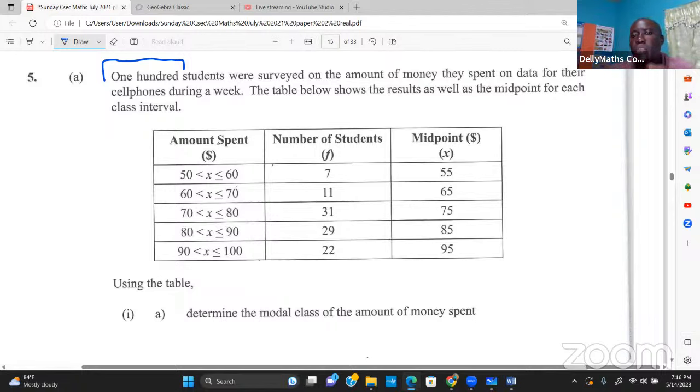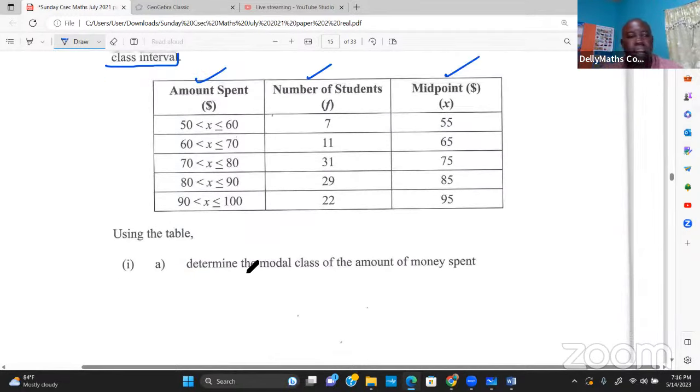The table below shows the results as well as the midpoint for each class interval. We're seeing the number of students, frequency F, the midpoint X, and you're seeing the dollar here, so that's what we're dealing with. No problem.